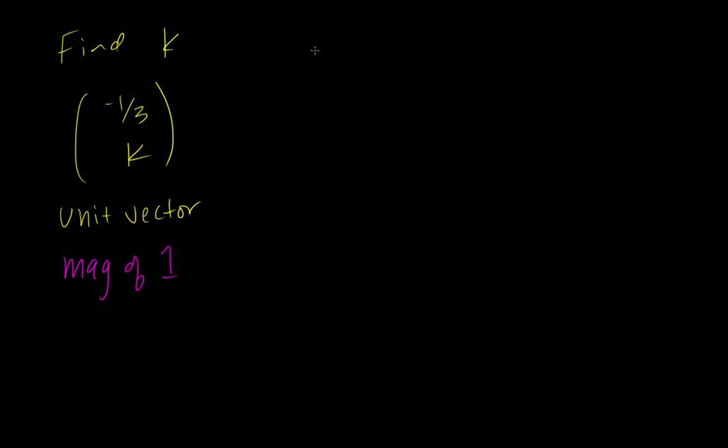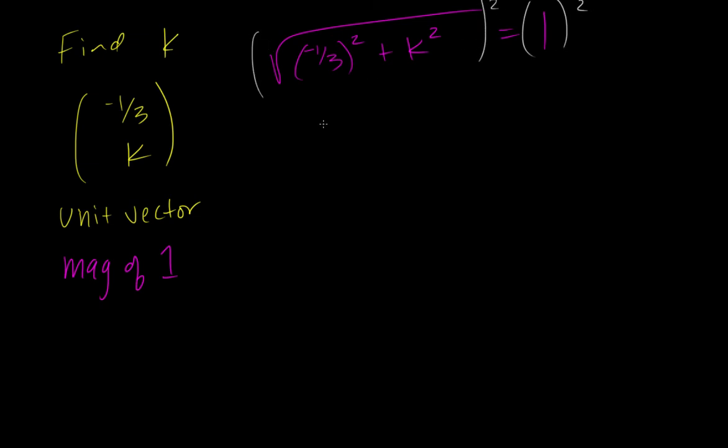So if we set this up in our magnitude equation, we know that the magnitude is going to equal 1. So we can square both sides. We can simplify right here, square the top, square the bottom.